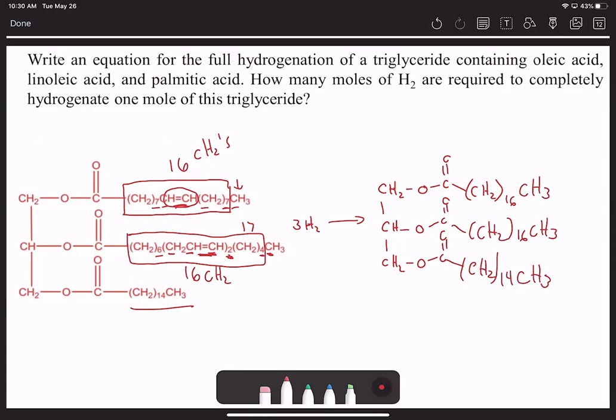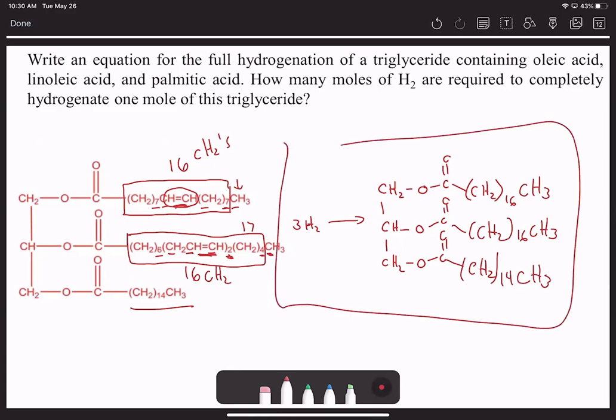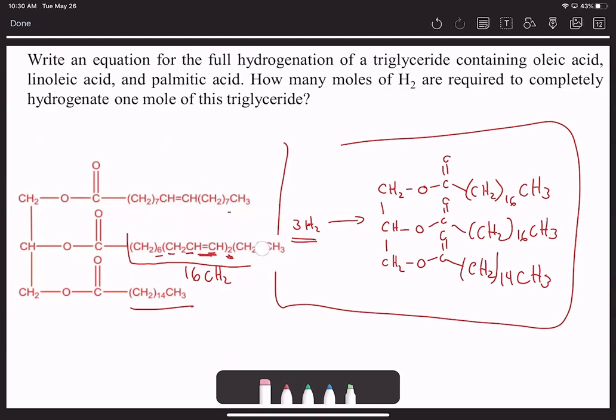So here is what the question is asking us: how many moles did we get after we hydrogenate that fatty acid? I hope my counting wasn't too complex. I'm going to count them up one more time so we can see it.